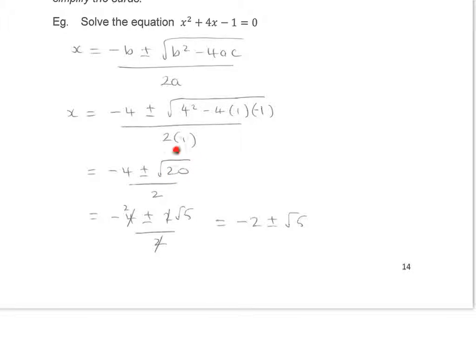If I simplify my root 20 being 4 times 5, which gives me root 4 times root 5, root 4 then being 2, so that goes down to 2 root 5. And once I've simplified that, you can see then that you can divide by 2 from each of your terms. So that then gives you an answer of minus 2 plus or minus root 5.